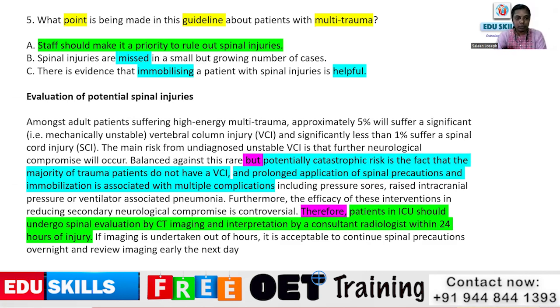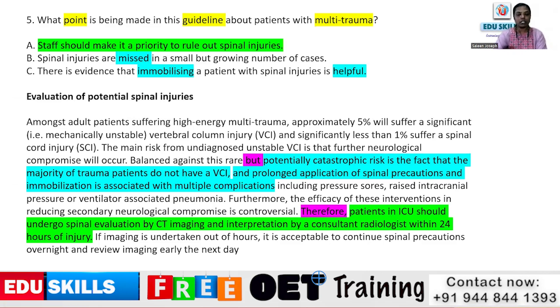So here, option A, staff should make it a priority to rule out spinal injuries. So should is a modal verb, what the staff should do. So as you see, therefore, it's a conjunctive contrast word.